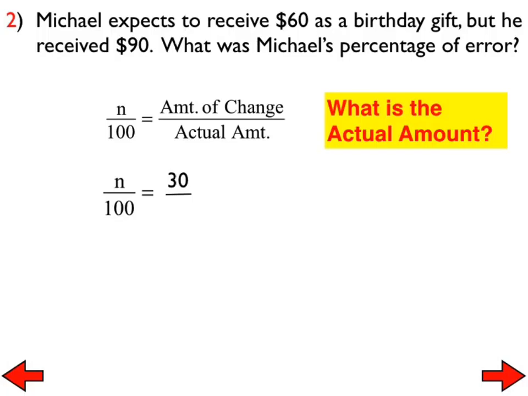And then he actually received $90. Now the word actual was not in the word problem this time, but you can figure that out just by reading the sentence, right? It says, but he received $90. So that would be your actual. Then you can divide top and bottom by 30, or by 10 and then by 3. Or not reduce at all, but I recommend that you do.